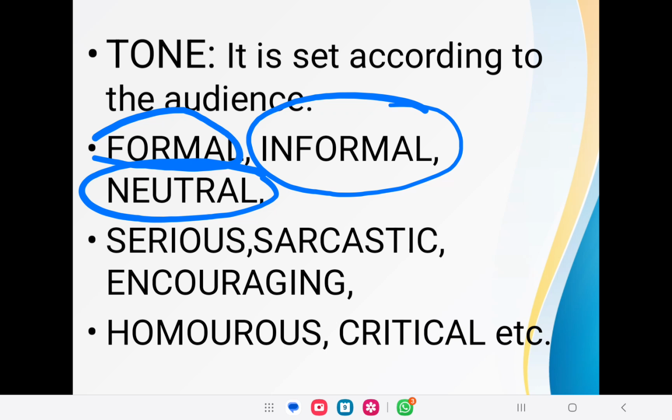Informal tone basically tells us that you are talking to someone, you are talking to your family, you are having a kind of conversation. So informal tone basically depicts conversation between two people, because informal letters are written to family and friends.